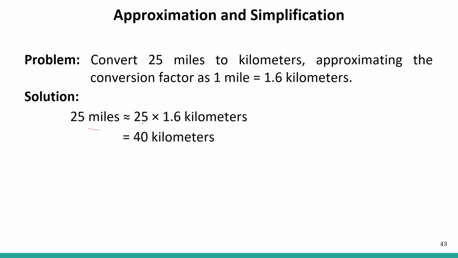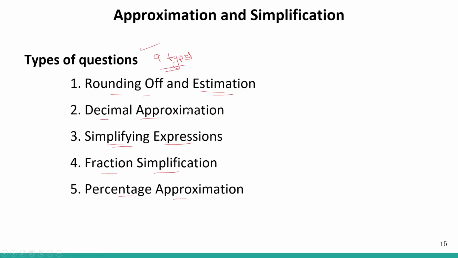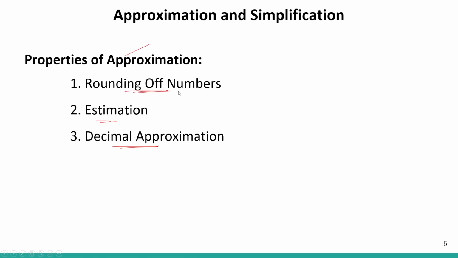What we have learned in this lecture is the basic concepts and some types of problems. The basic concepts were what approximation is and some types of approximation: rounding of numbers was the first property, estimation the second, and decimal approximation the third.